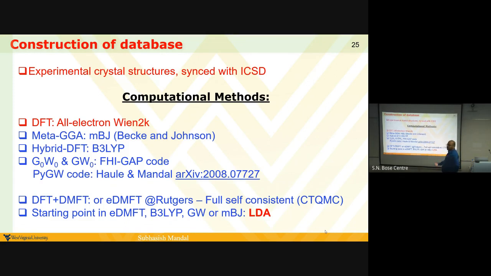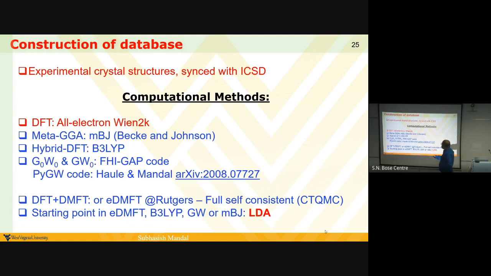The structures were taken from ICSD, which are experimental structures, because sometimes we have seen that DFT structures are not good, so we should not build a database on the wrong structures. All these methods, GW and DMFT, start with DFT, as I was saying. So the DFT part for all these methods is the same basis, and this is described in WIEN2k.